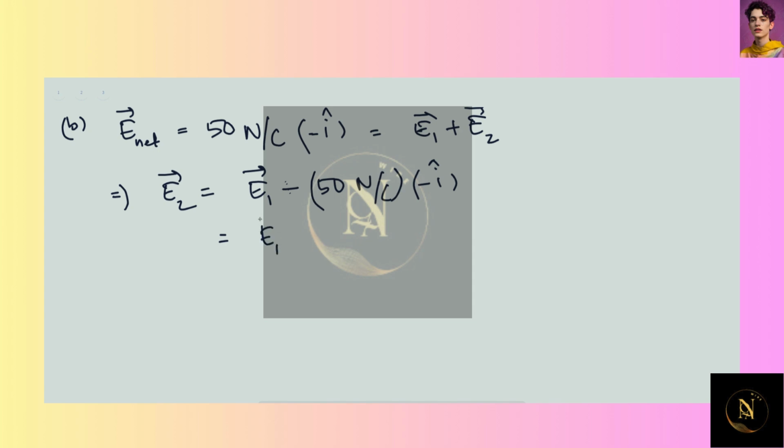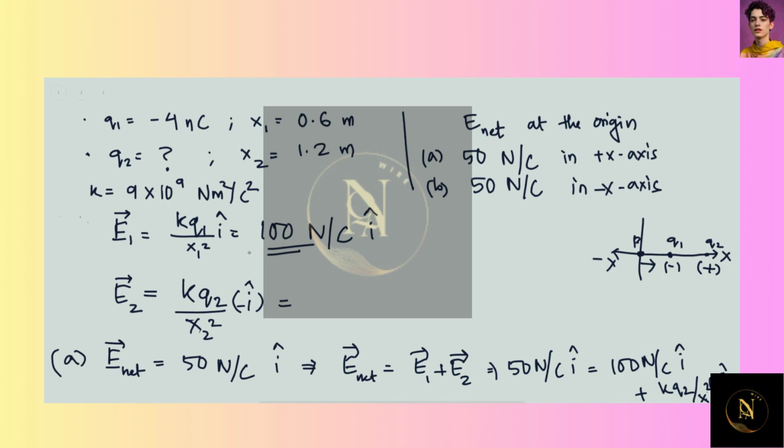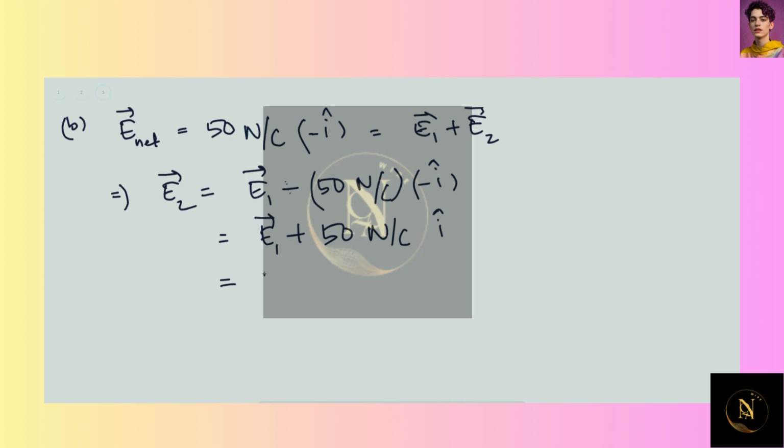So this is E1 vector plus 15 Newton per Coulomb i cap. And E1 is similar to what we found over here, and that is 100 Newton per Coulomb i cap. So substituting that over here, we get this value to be 150 Newton per Coulomb i cap.